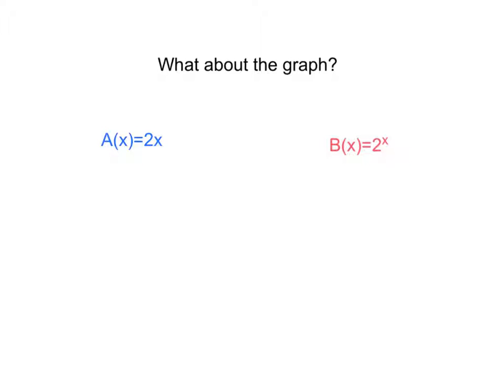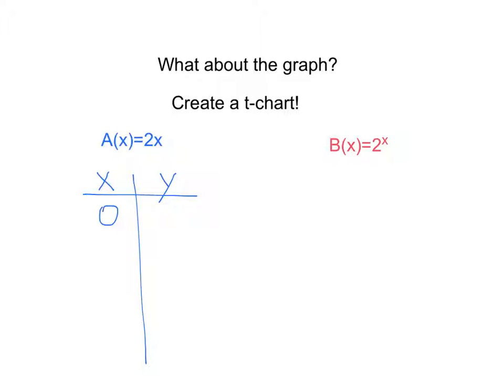So speaking of the graph, what we really need to do is start in the same place we would for almost any graph, and that's this. Create a t-chart. We want to have some points that we can easily graph. So, for a of x is 2x, I want to look at 0, 1, 2, 3, and 4.